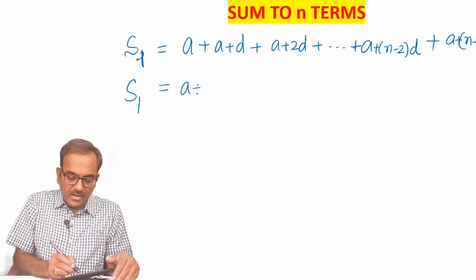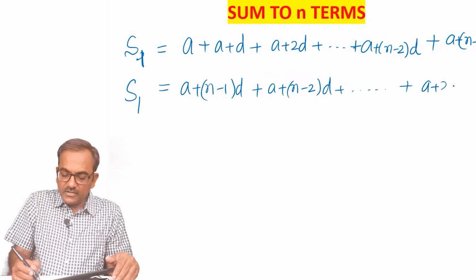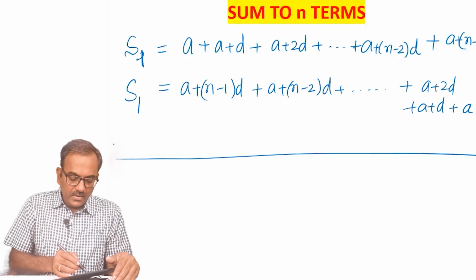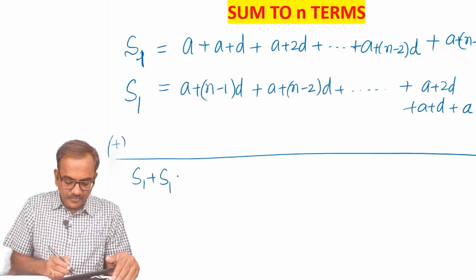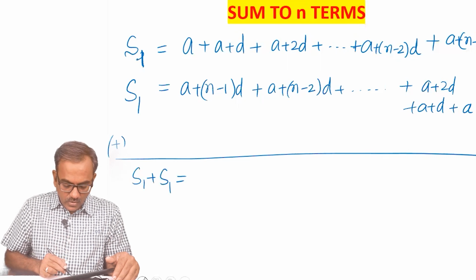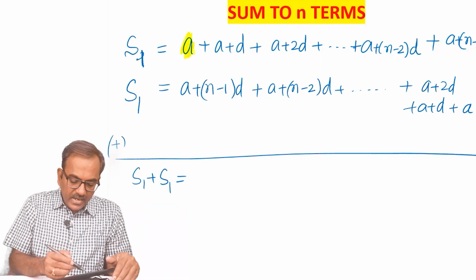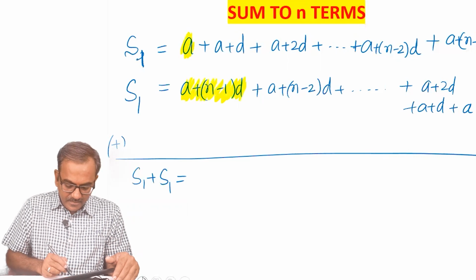I start with a plus n minus 1 times d, a plus n minus 2 times d, and so on, a plus 2d, a plus d, plus a. I add them. If I add them, I get S1 plus S1, which is equal to, look at the terms, I need to add a and a plus n minus 1 times d.